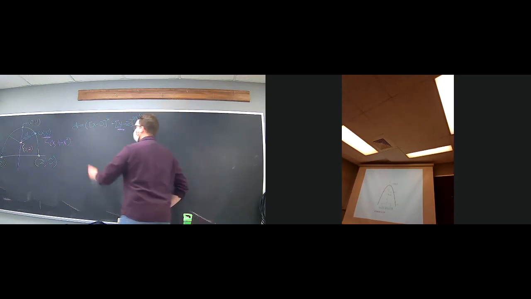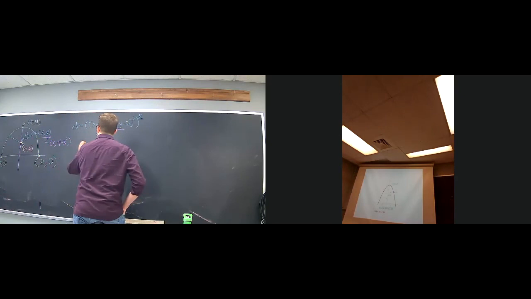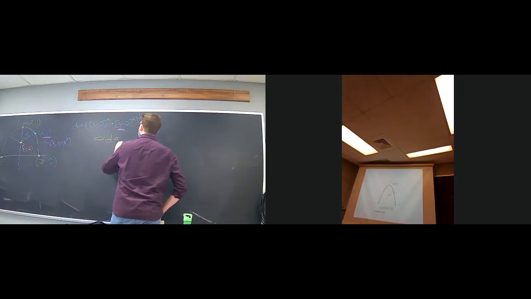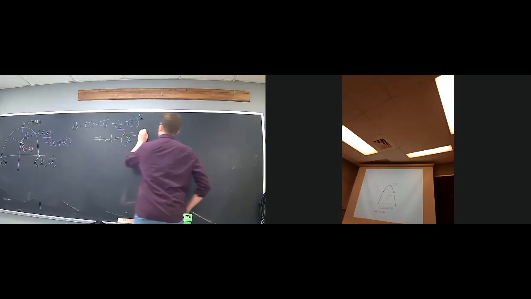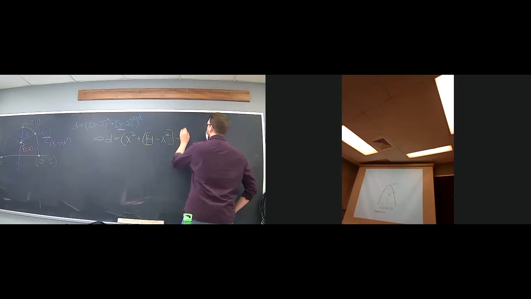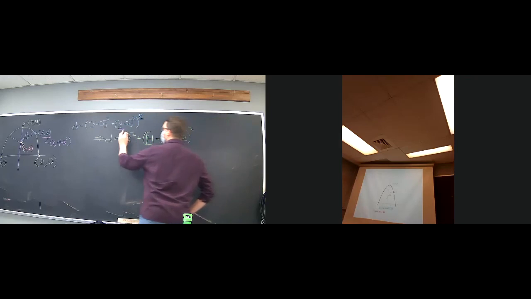And when we do, we're going to get that d is equal to x squared plus 4 minus x squared, that's our y, minus 2, that quantity squared.